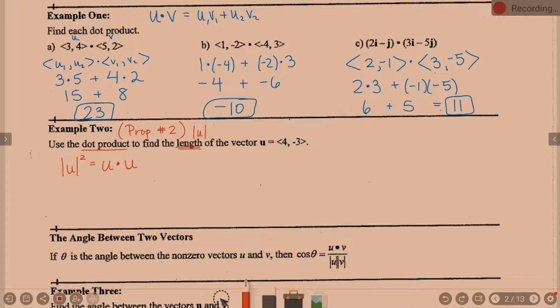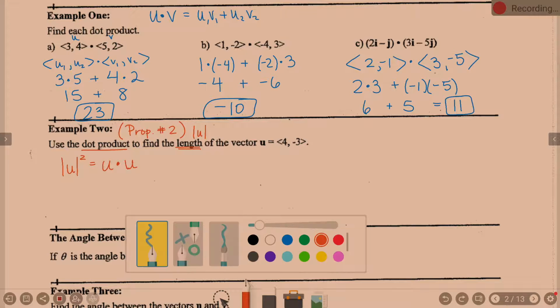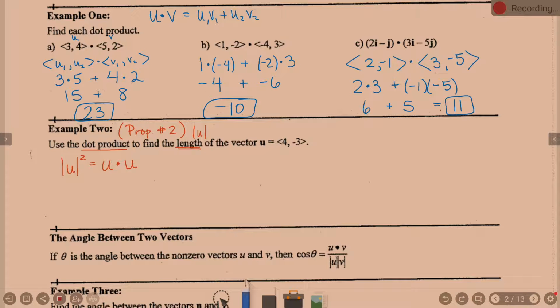I really only need to find absolute value, so mathematically we can do what to both sides of the equation? How do we get rid of that squared? Square root. If you square root one side, you can square root the other side. And so the equation we're actually going to use, the absolute value of u is equal to the square root of u times u. Okay, so that's the formula we're going to use.